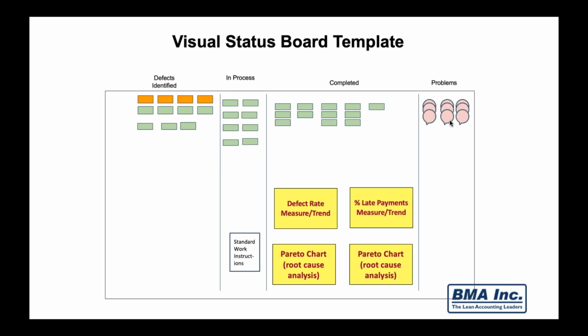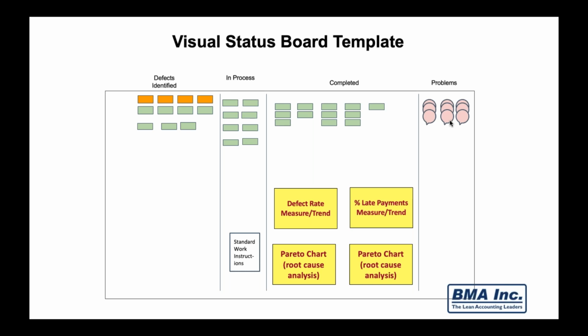What the board does is it increases awareness. It's an essential first step because when the work is visible, then everybody pays attention to it. We want to avoid things like emails or phone calls. We want to make the work visible and communicate around the board.